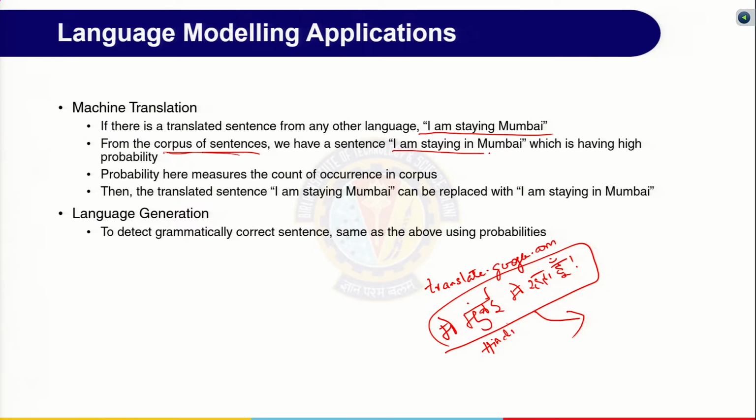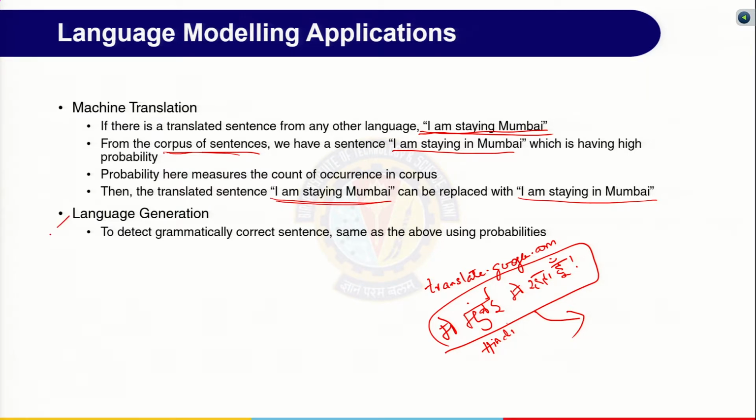So I have one probable translation as I am staying in Mumbai, the other probable translation as I am staying Mumbai. So given these two probable translations, how would I rank them? How would I assign what should be the right translation? And that's where the language modeling kicks in. And it says that we are not very sure that I am staying Mumbai is the right translation. We can replace that choice with I am staying in Mumbai based on the corpus of sentences or the collection of sentences.